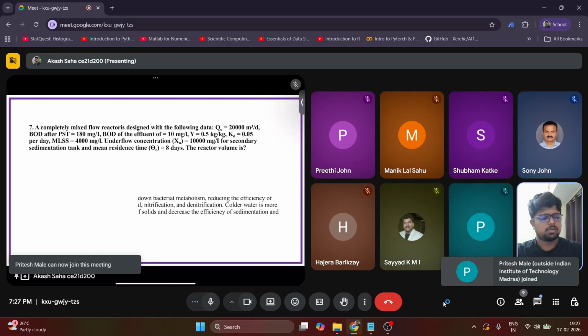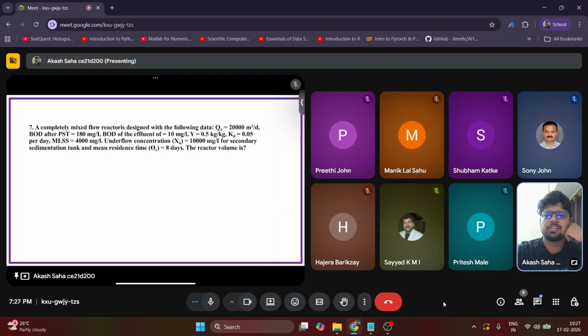Moving forward, a completely mixed flow reactor is designed with the following data. Q naught is 20,000 meter cube per day. BOD after PST, the primary sedimentation tank, is 180 milligram per liter. BOD of the effluent is 10 milligram per liter. Y, the yield coefficient, is 0.5 kg per kg.